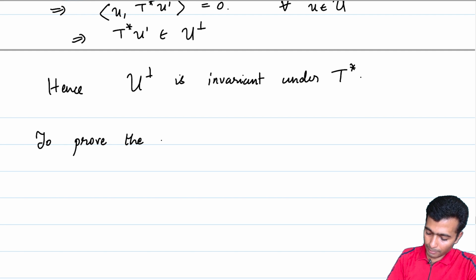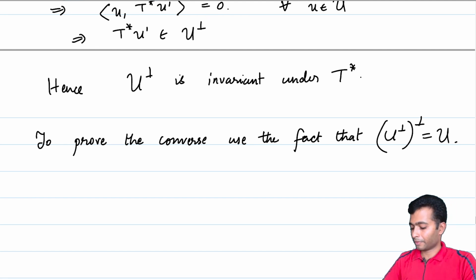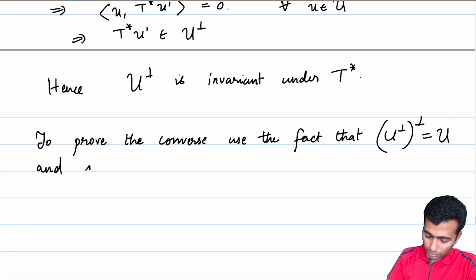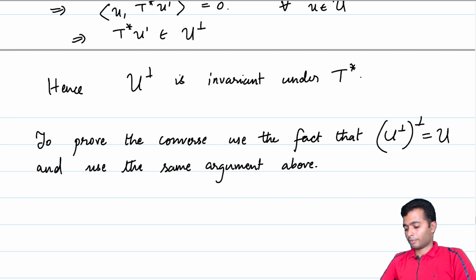To prove the converse, use the fact that the orthogonal complement of the orthogonal complement of U is equal to U, since U is a subspace, and use the same argument above. Alright, so let me stop here.